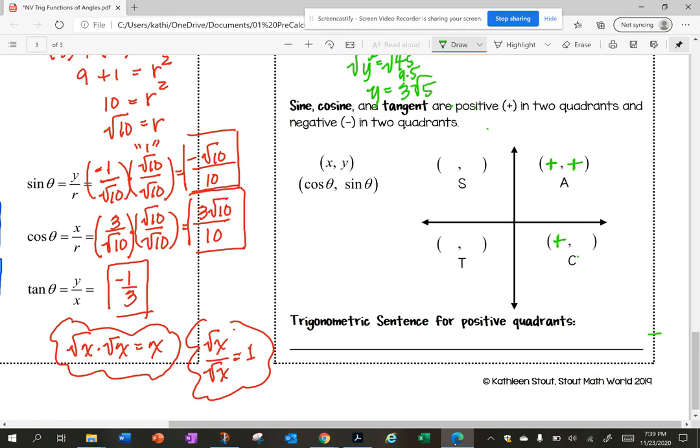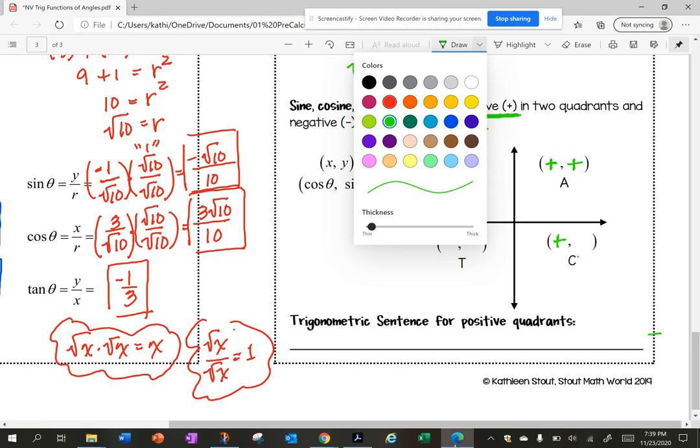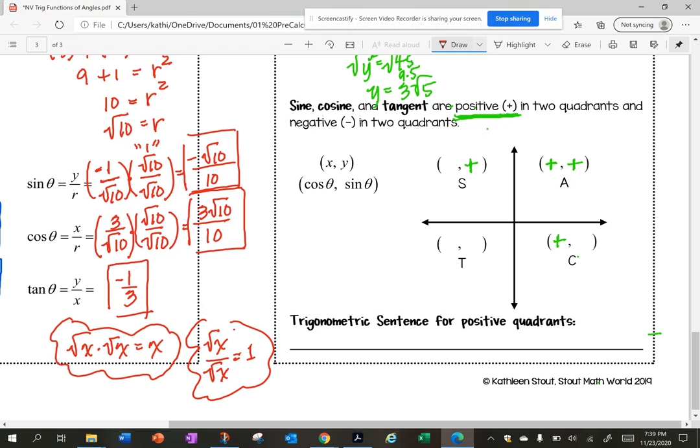And I know in the second quadrant, y is positive. So each of my trig functions is positive in 2 quadrants and negative in 2 quadrants. x is negative in the second and the third quadrants, and y is negative in the third and the fourth quadrants.